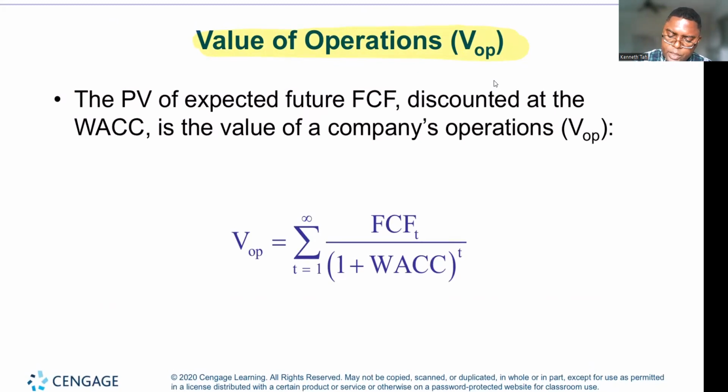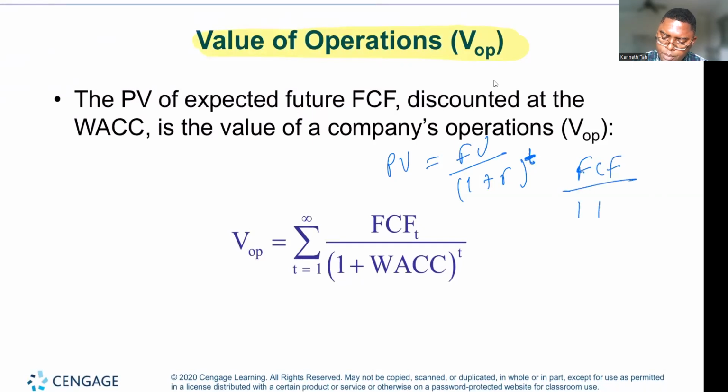So when we did time value of money, we said present value is equivalent to the future value divided by 1 plus R raised to the power N, or raised to the power T for time. So if we have free cash flow, that will be the future value, divided by 1 plus the interest rate, which we just said is the WACC, raised to the power T. But we have free cash flow for year 1, year 2, year 3, so for different time periods.